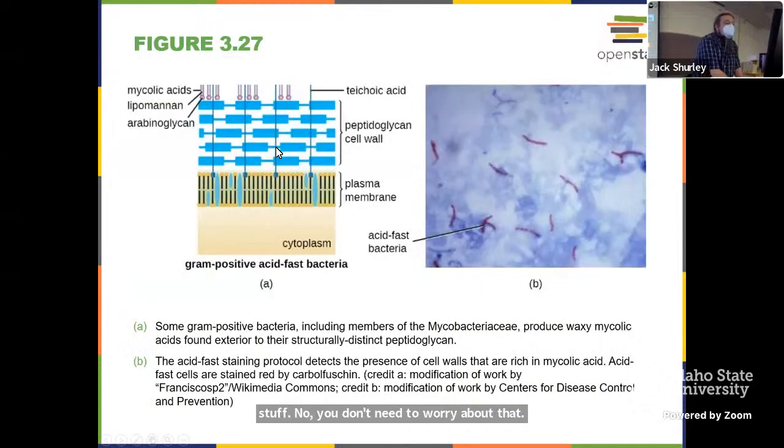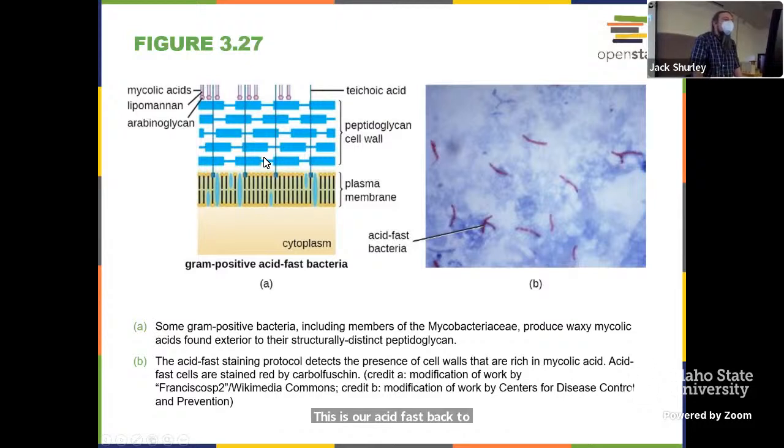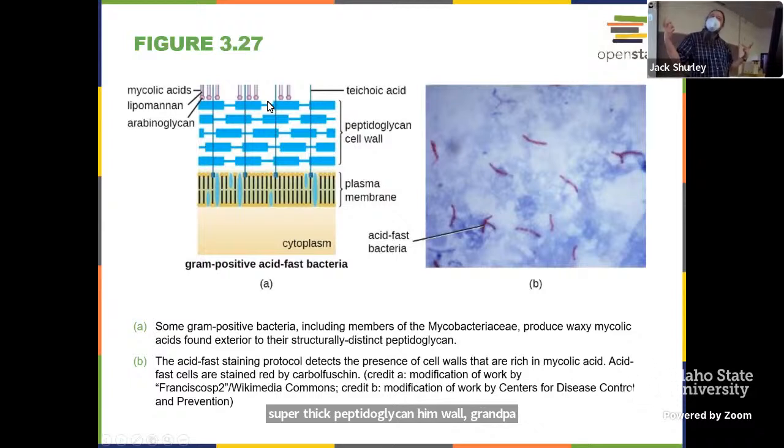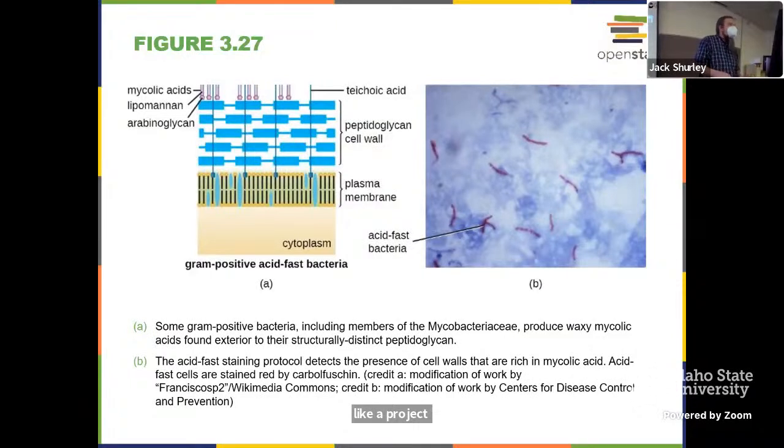This is our acid-fast bacteria, so they still have a super thick peptidoglycan wall, gram-positive-like, all right? But they also have this mycolic acid, a waxy outer bit on top of the peptidoglycan that basically is like a protective coating, really, on the outside.